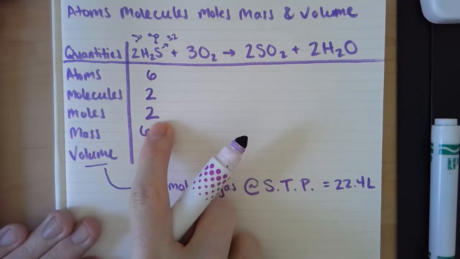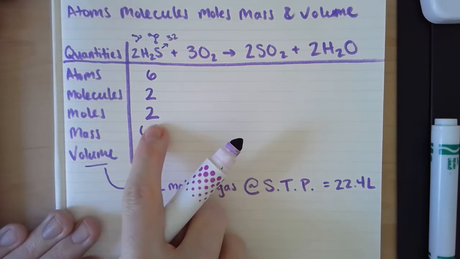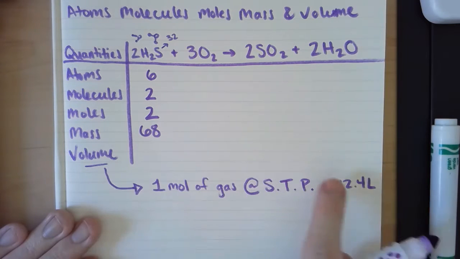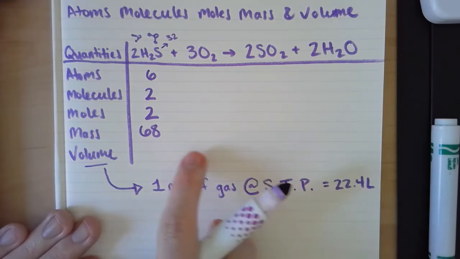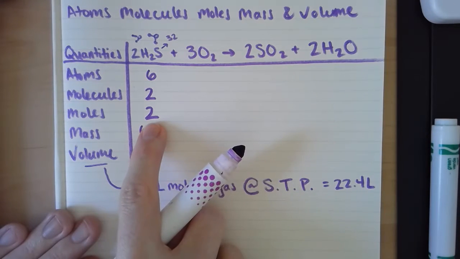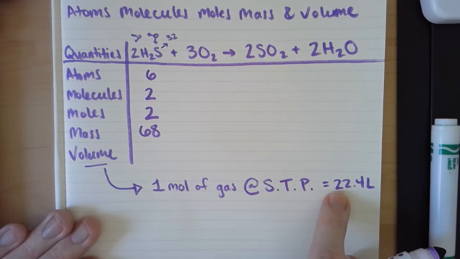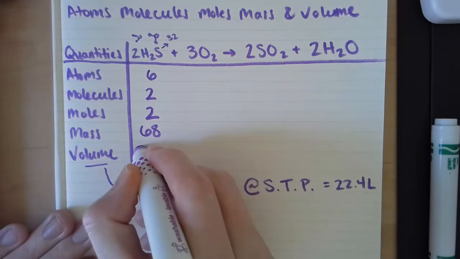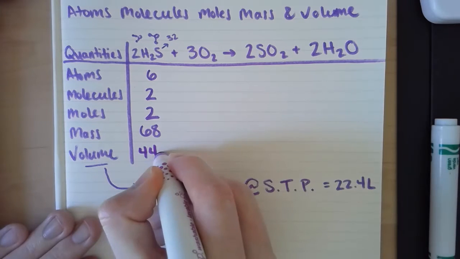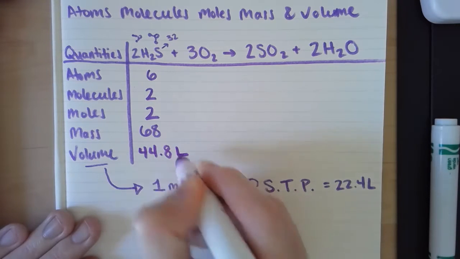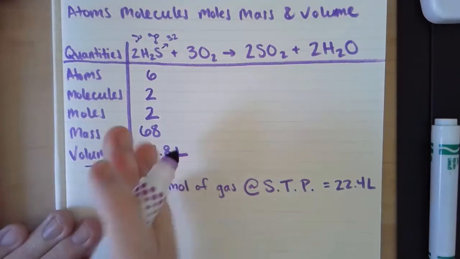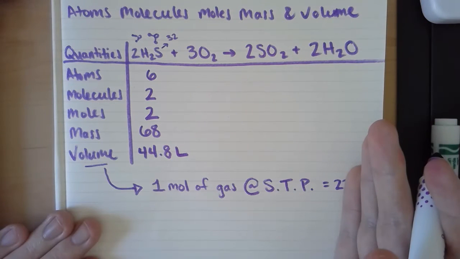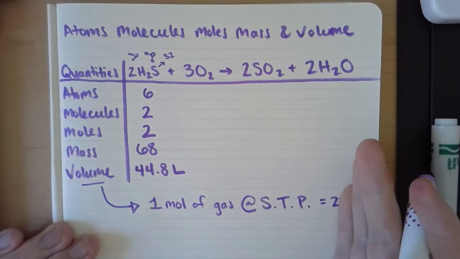How many moles of this gas do we have? We have 2 moles of gas. So we take this number, which is 1 mole of gas, and multiply it by 2. So that's going to give us 22.4 times 2 is 44.8 liters. Okay?